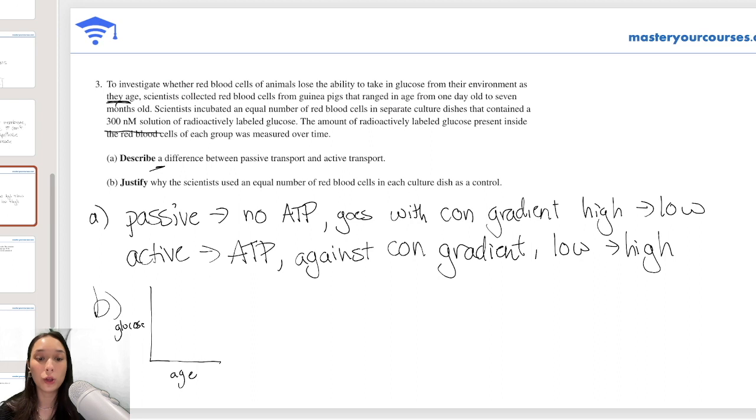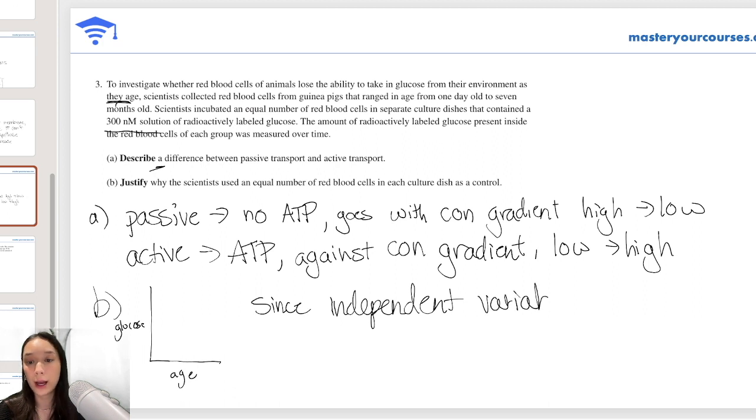So since your independent, or changing, variable is age, you have to keep all the other variables constant.